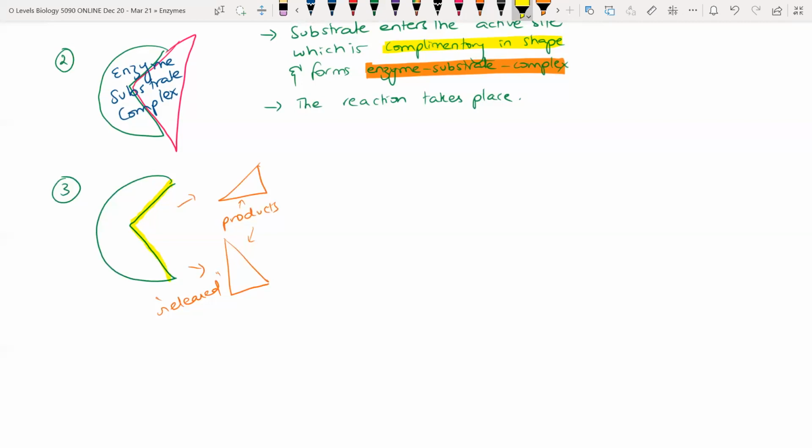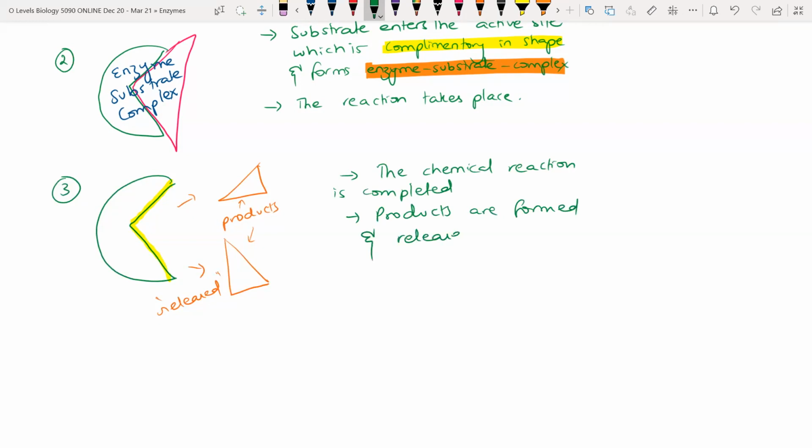So in terms of points, of course, we are going to write: the chemical reaction is completed. Products are formed, and they're not only formed, they are also released from the active site.